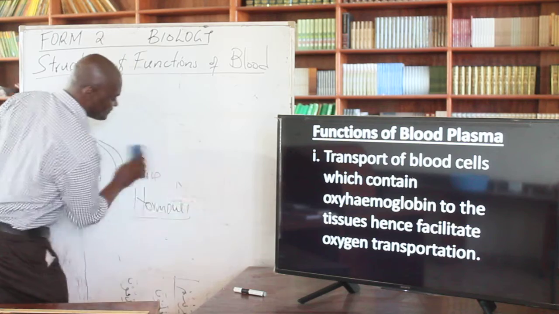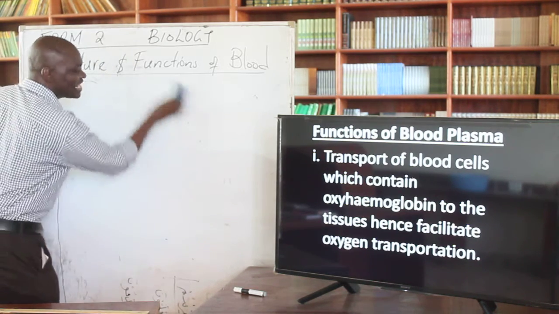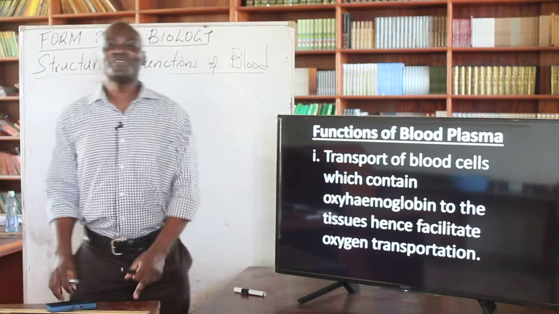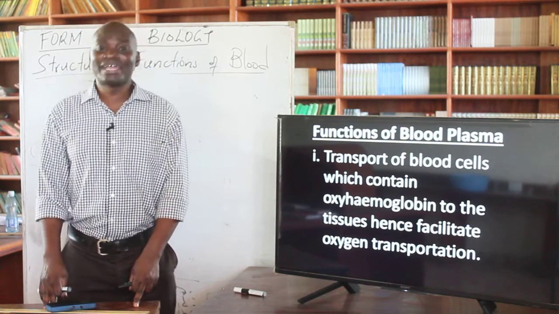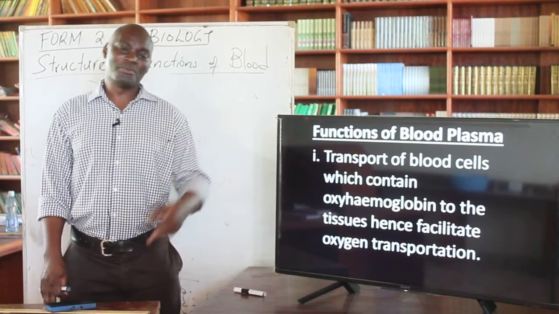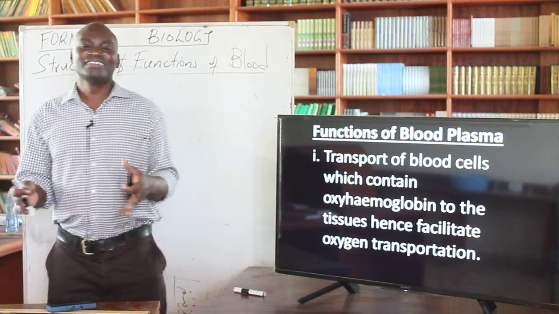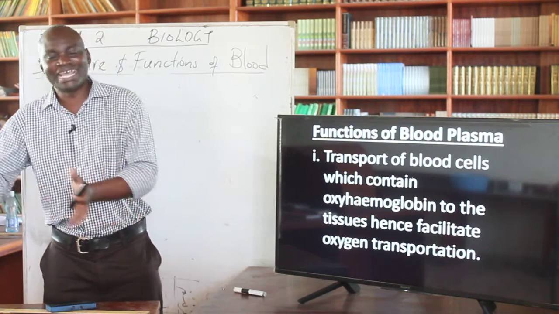So the major function of the plasma, the first one, is transport of blood cells. Without the plasma, the blood cells cannot move from one part of the body to the other, because it is the plasma that acts as the medium in which the cells move.